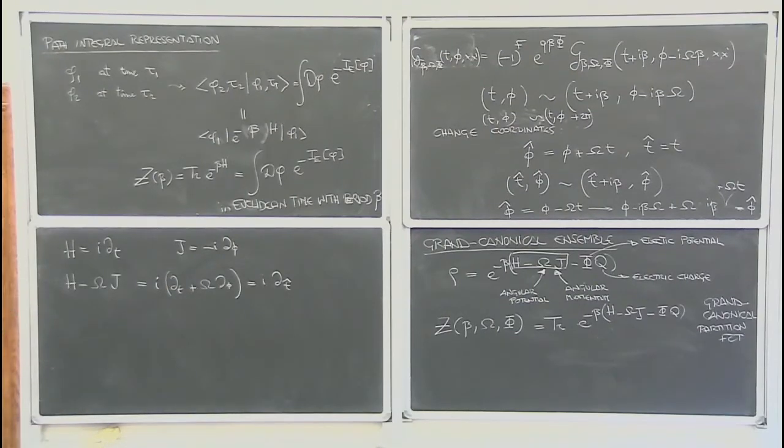So in the new hatted coordinates, the Hamiltonian is no more H, it is this one. The translations along the new time t hat are generated, if we still use the old operators, by this H minus omega J that we may want to call H hat.